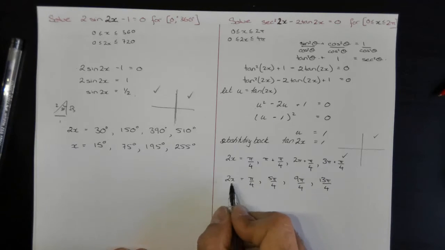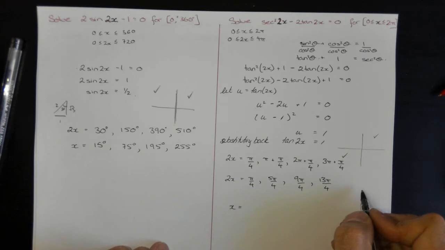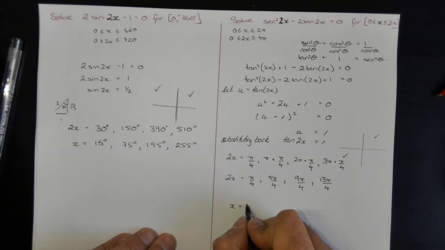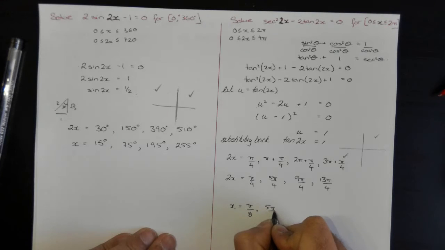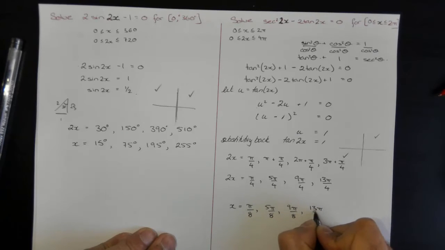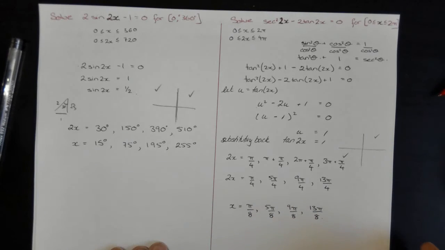That is 2x though. So if I wanted just 1x, I'll divide everything by 2. Dividing by 2 is the same as multiplying by a half. So it becomes pi on 8, 5 pi on 8, 9 pi on 8, and 13 pi on 8. And that's the solution.